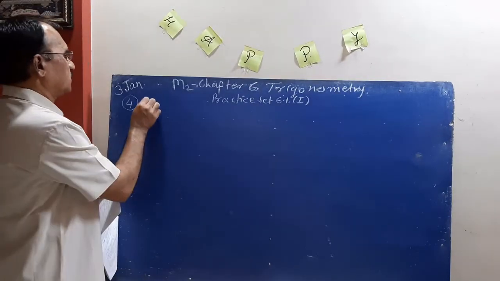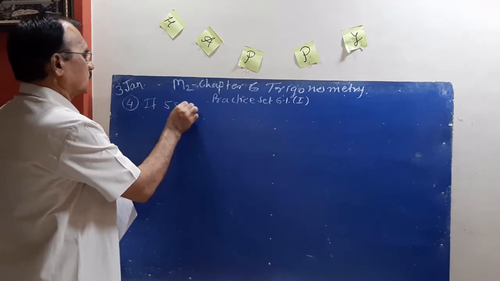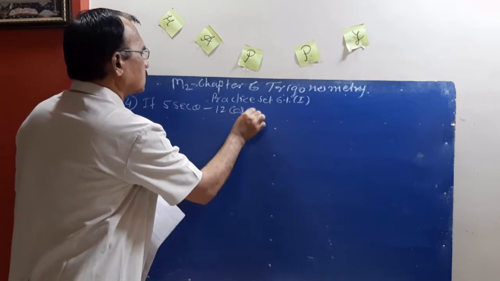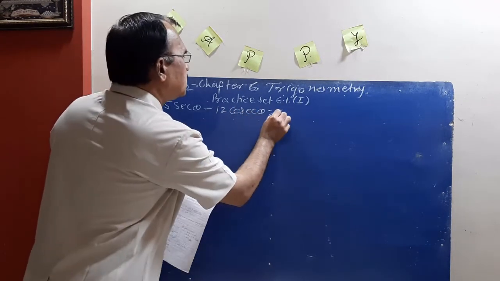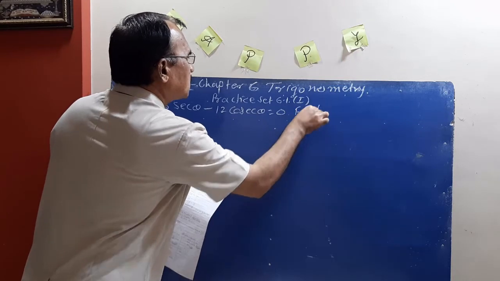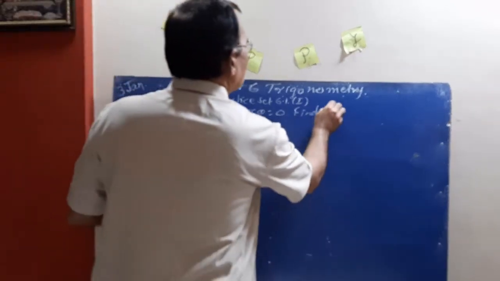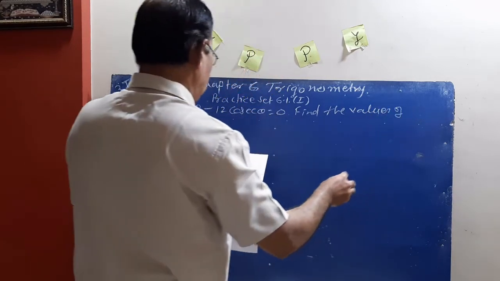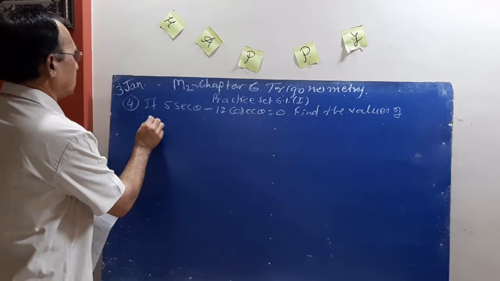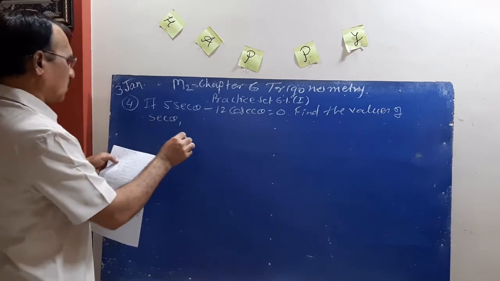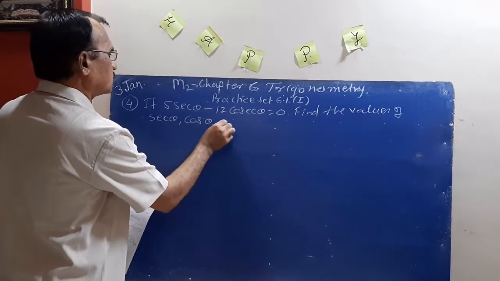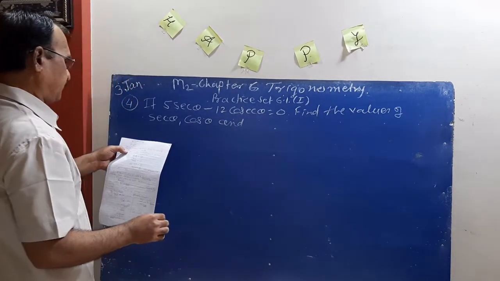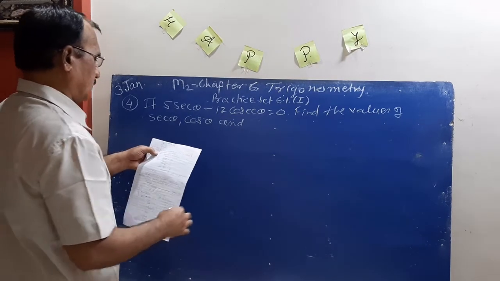If 5 sec theta minus 12 cosec theta is equal to 0, find the values of sec theta, cos theta and cosec theta.